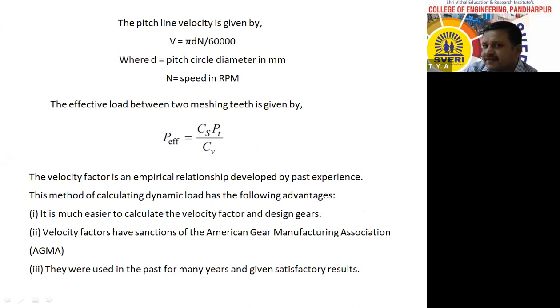Since d is in mm, here in the denominator that value is 60,000. n is equal to speed in rpm.